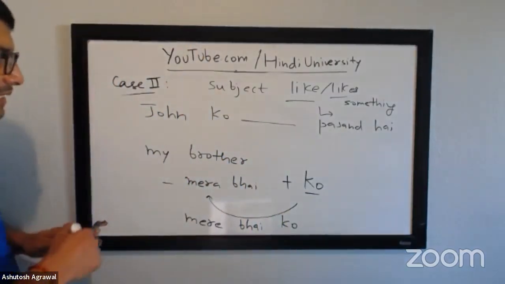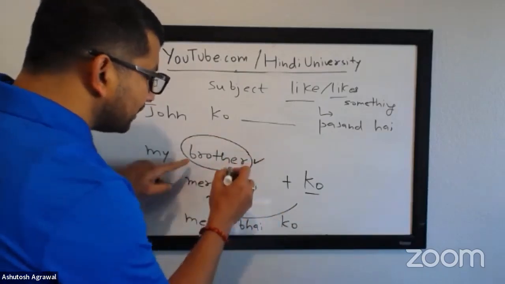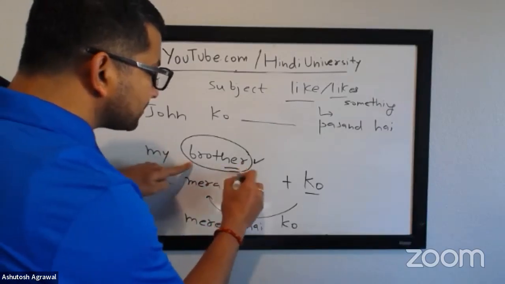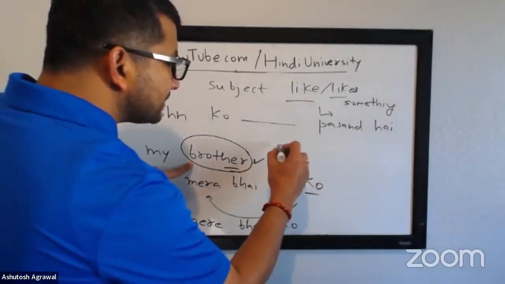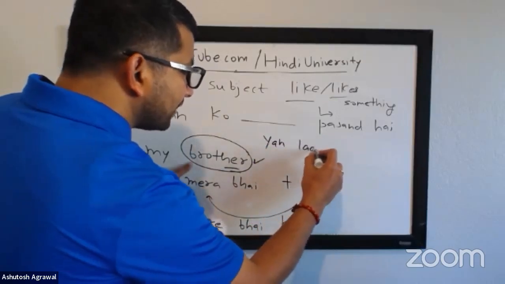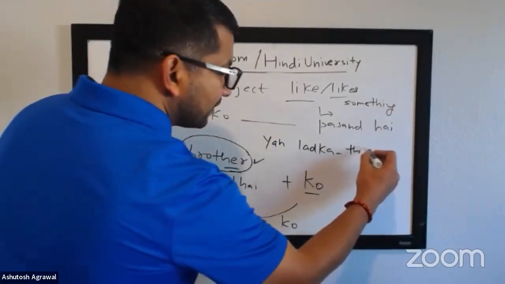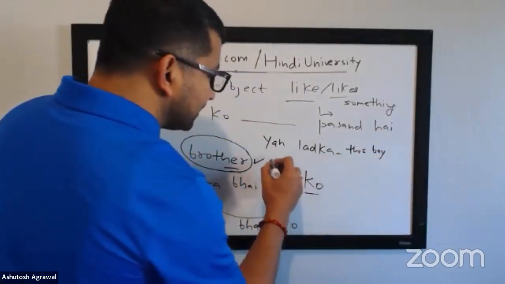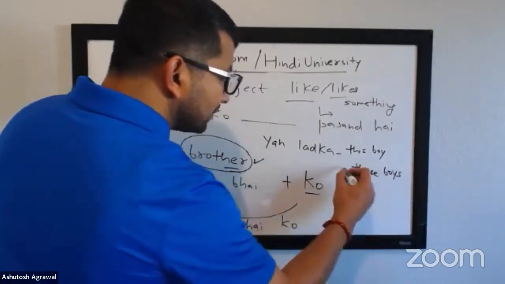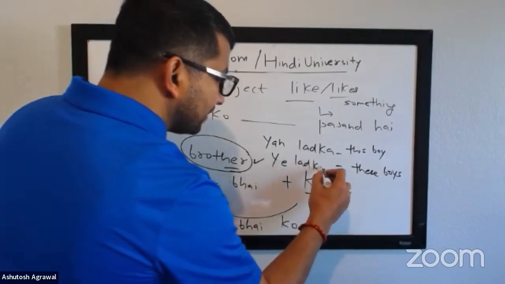So if you have a masculine singular thing here, the oblique depends on how this word is written. Okay, let's say ladka. Let's say you have ye hai ladka, this boy, and these boys would be ye ladke.